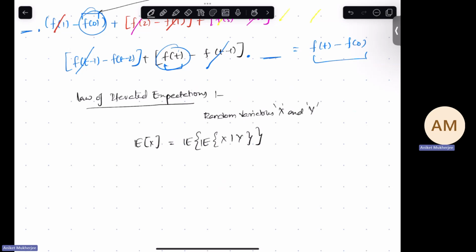So strictly speaking, this law of iterated expectation only holds whenever the result of Fubini's theorem holds. Fubini's theorem is a method by which we can interchange the integrals.